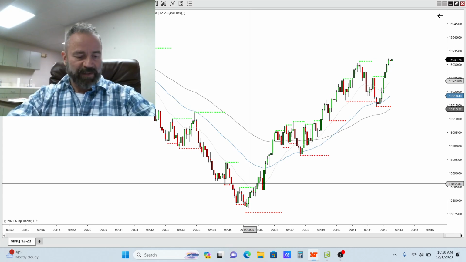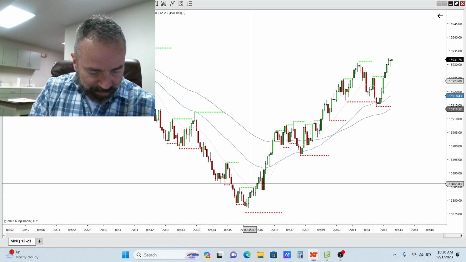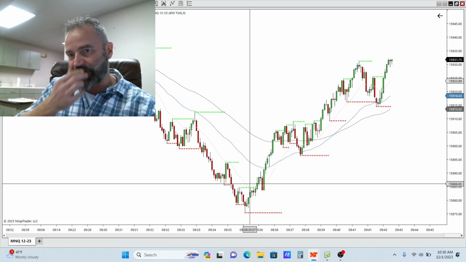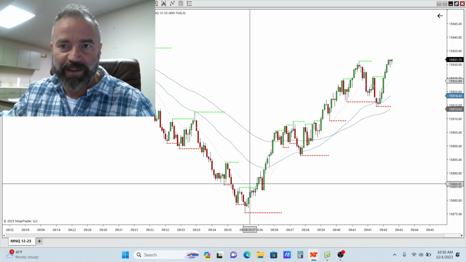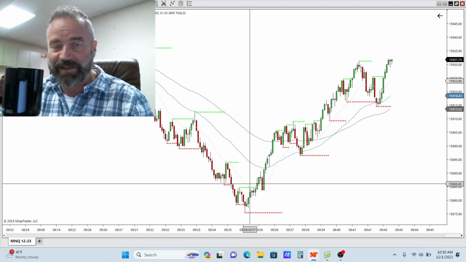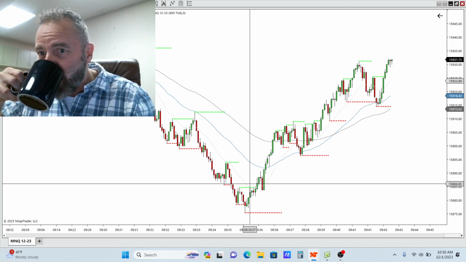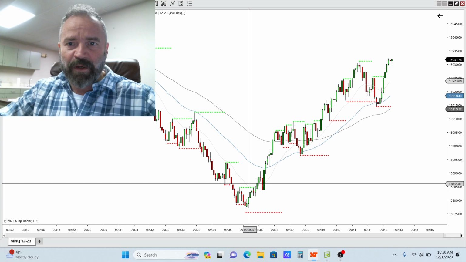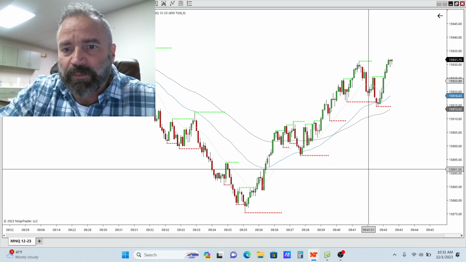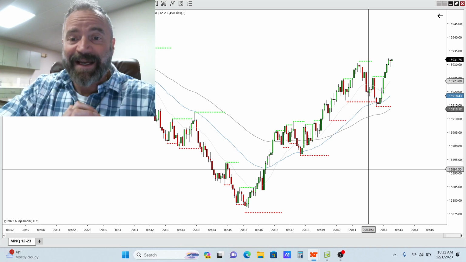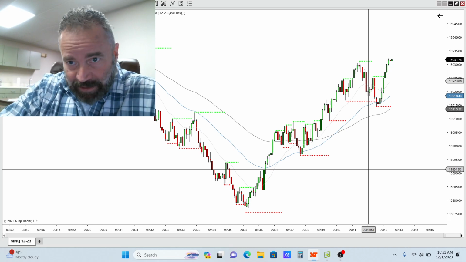So this is the absolute bare bones that I would have on my chart. These are free indicators. So you could trade this strategy as is, just like this.